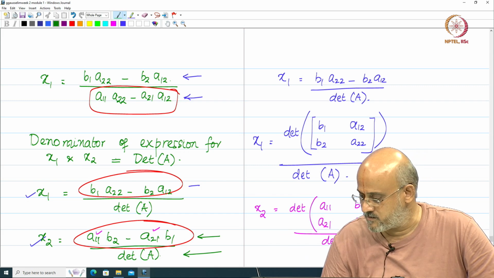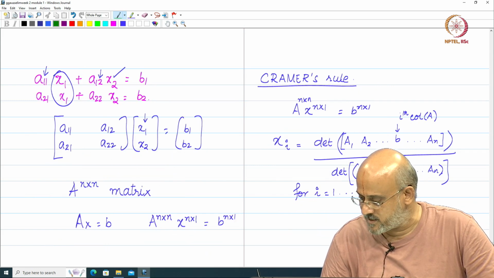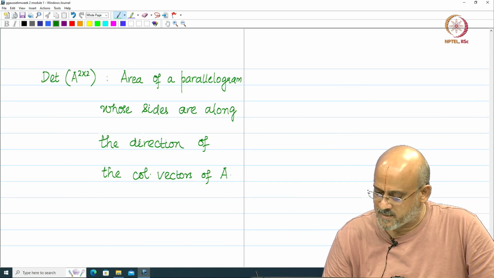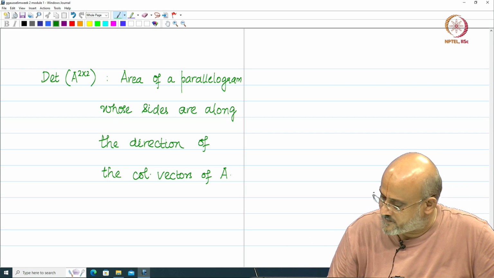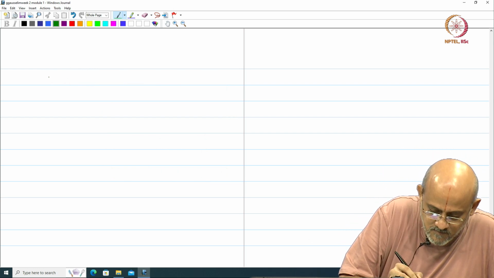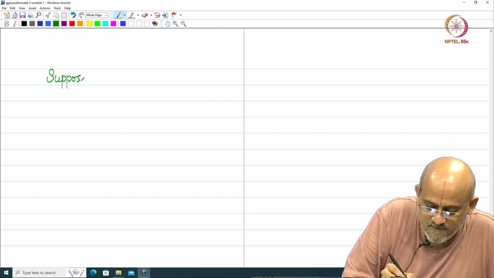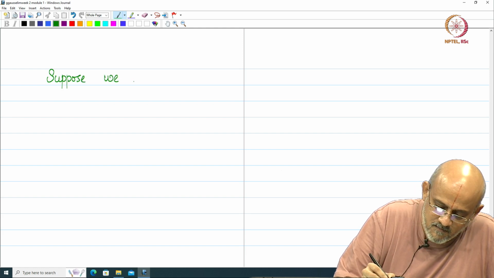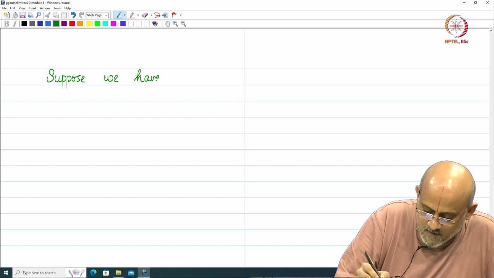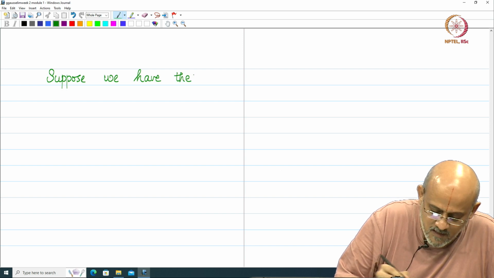Now before we get into that, let us look at one more insight. Suppose we have the homogeneous system of equations Ax equal to 0.